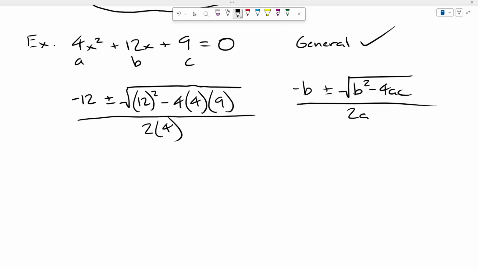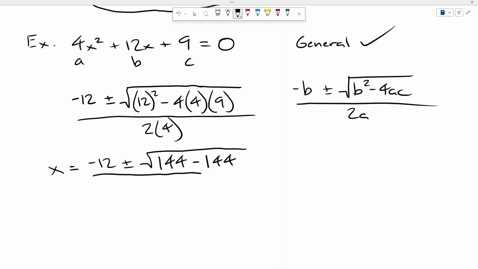All right, so I have x equals negative 12 plus minus, so what do we have going on under the radical? We have 12 squared, which is 144, minus 4 times 4, that's 16, times 9 is also 144, divided by 8.